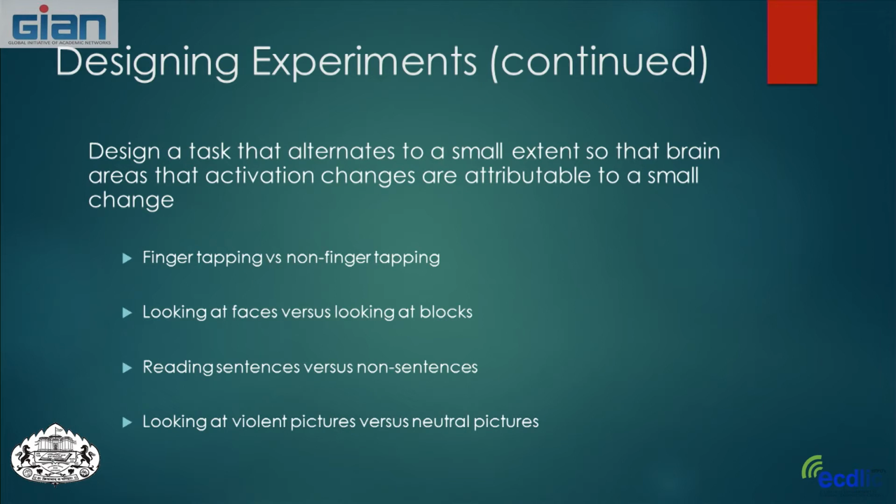Another example would be looking at faces compared to looking at blocks. When we're looking at faces, we're activating a lot of different areas in our brain. We're activating the visual areas, we're activating this area called the fusiform face region, which usually becomes active as a person is looking at a face, and all the other areas that are associated with visual processing.